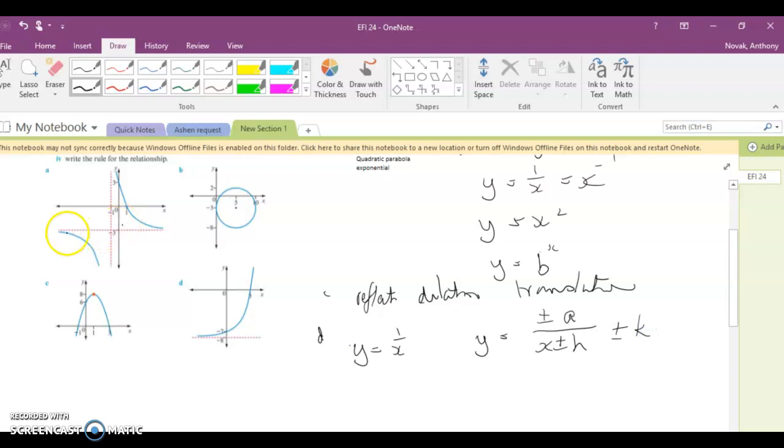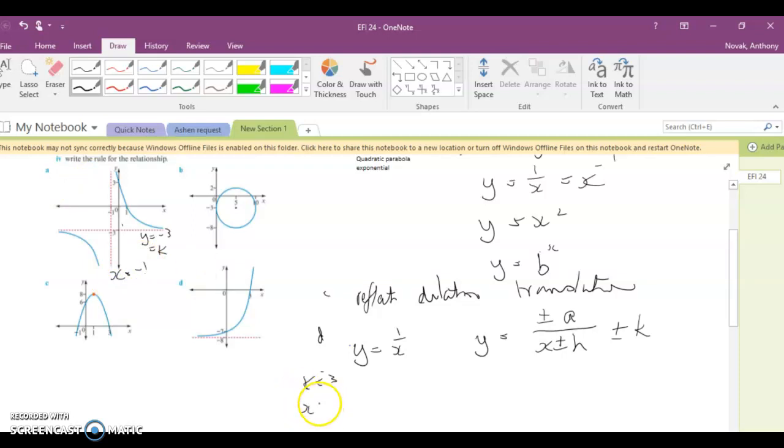Remember with this, the asymptote, so here we have an asymptote with y equals -3, which of course relates to y equals k. So we know k is equal to -3. The vertical line, sorry, is x equals -1, which relates to left or right.